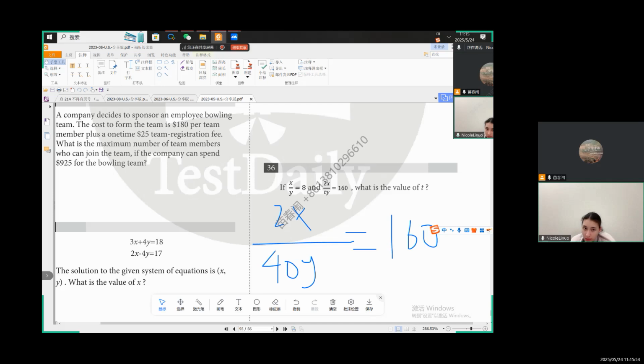If I did, it becomes 8. Let me think about it. 2 times x over y. Why is t 40? Because 2 times 160 is 320, then with 320 over 40, I would get 8.